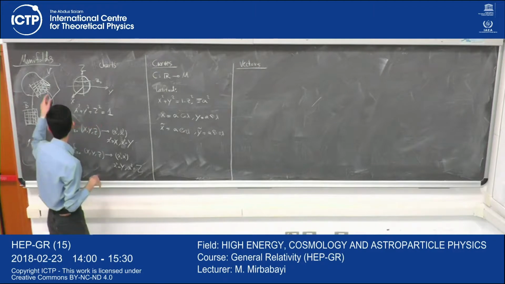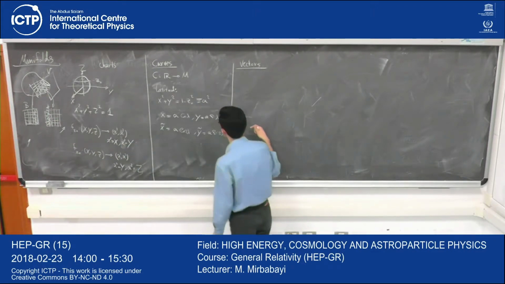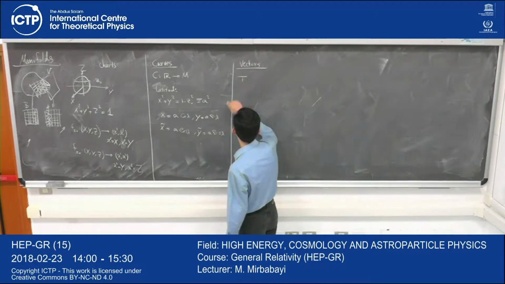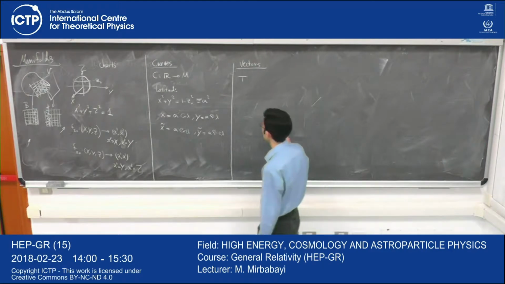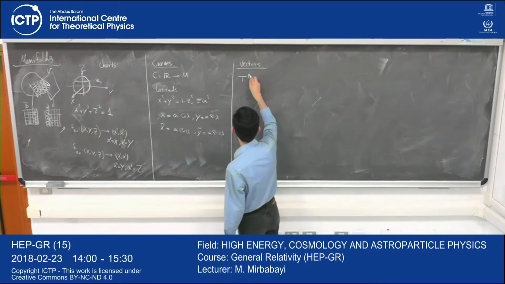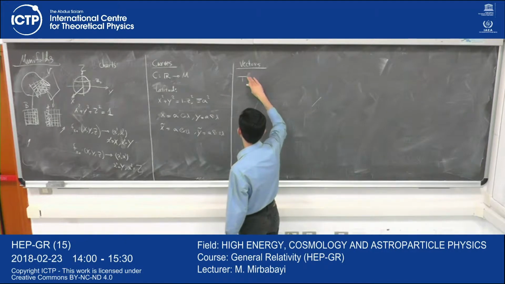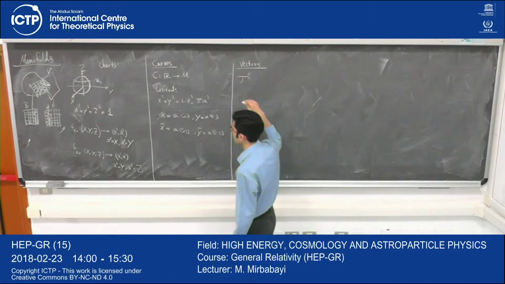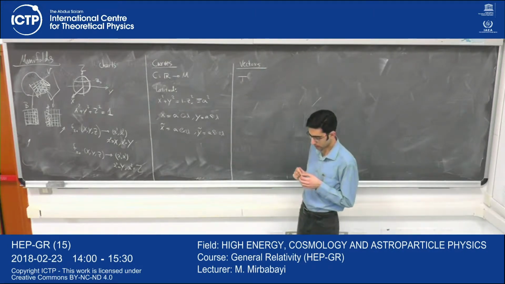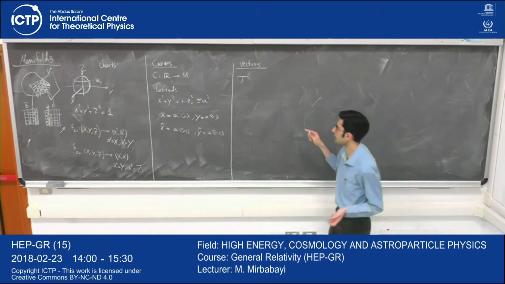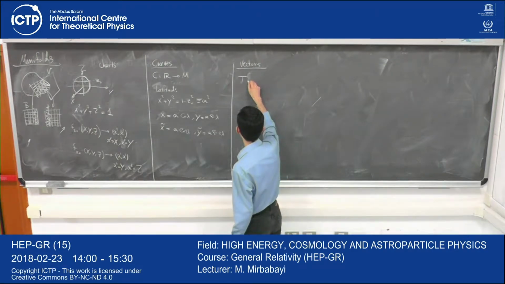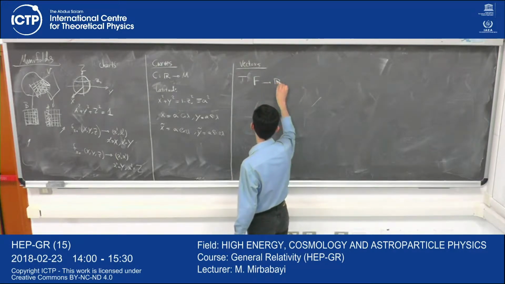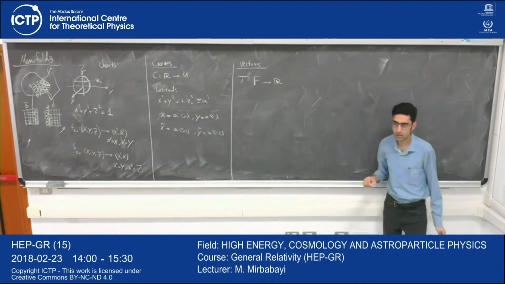Now, if I have a curve, then I can define a tangent vector to that curve. Call it T, or T mu. Then it will have components. Formally, I can consider this tangent vector to be defined as a map from the space of functions that I define on the manifold to the set of real numbers.